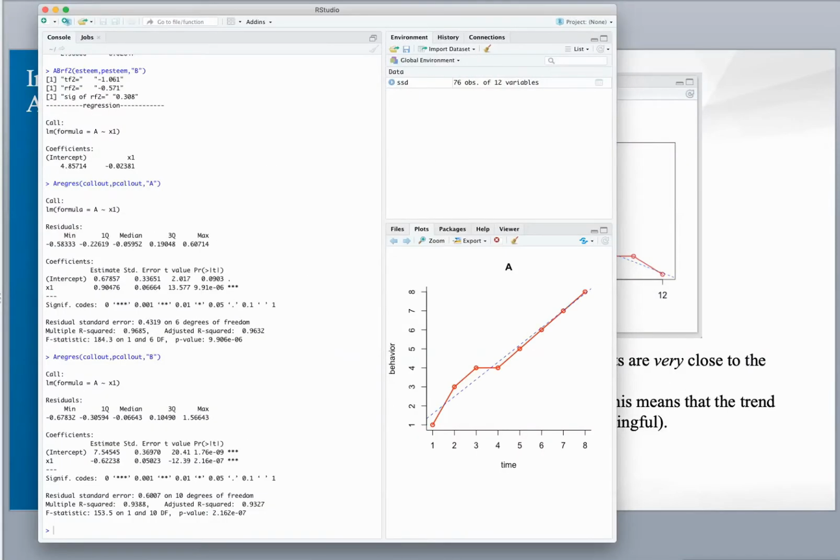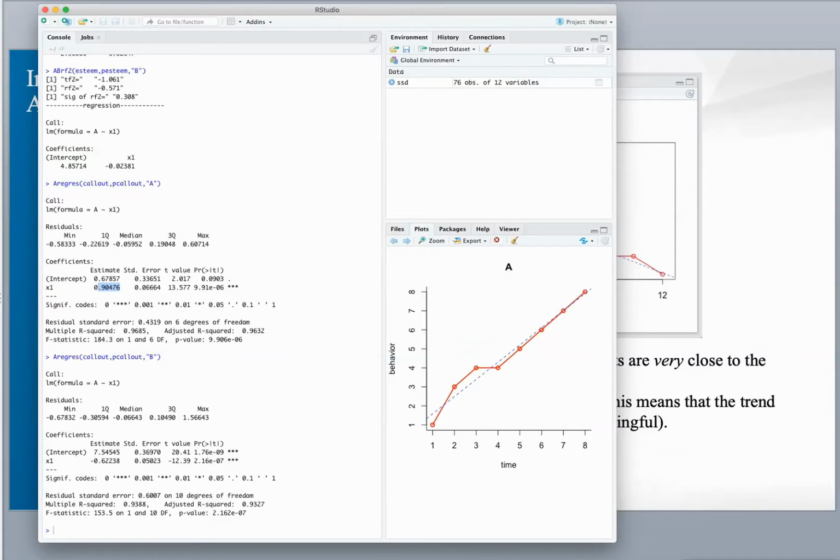So here's A, right? Here's the command regress call out p call out, and we have the coefficients. We have the intercept and x1. Now x1 is what's known as the slope, and so that's the average amount, if you think about it, of change from one observation to the next.